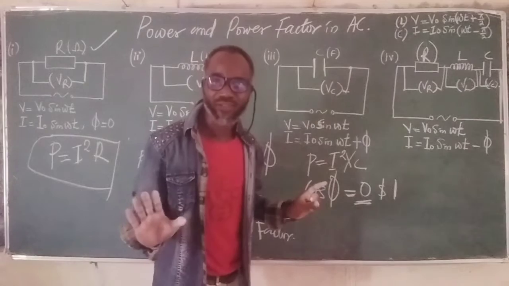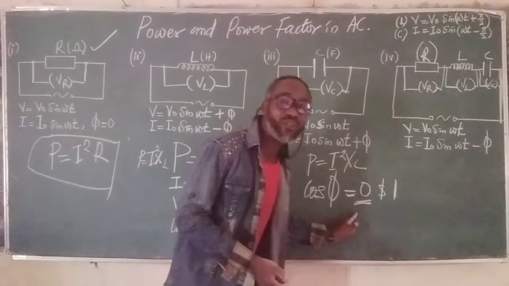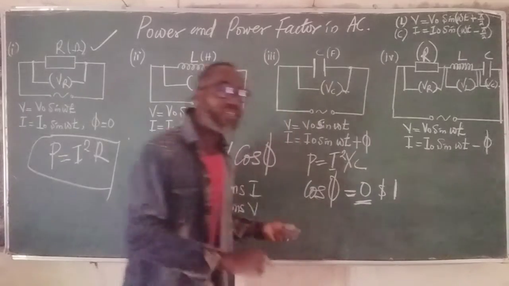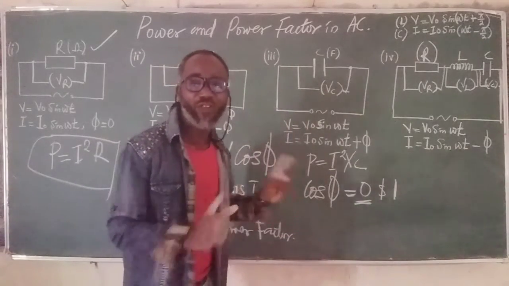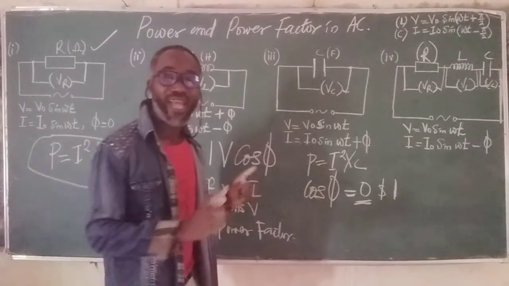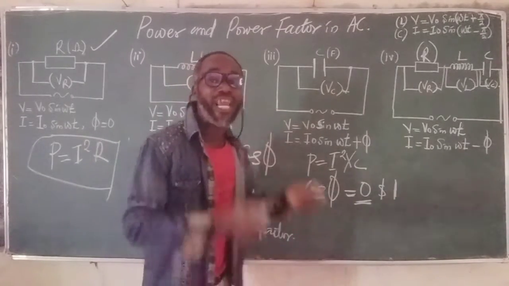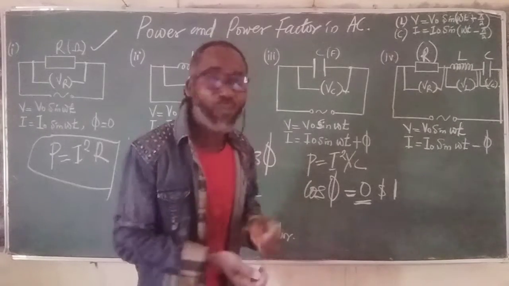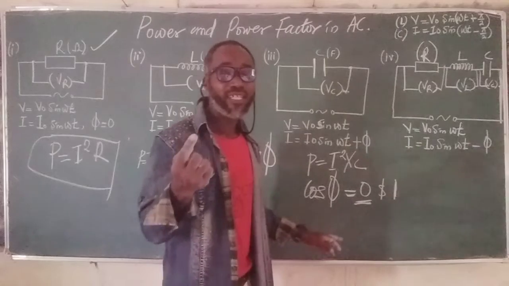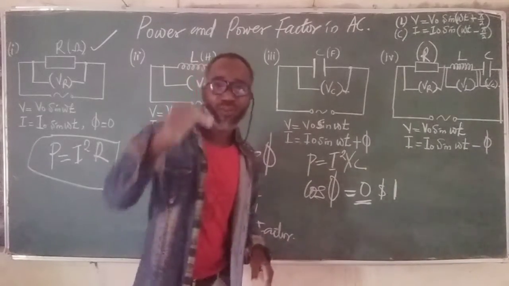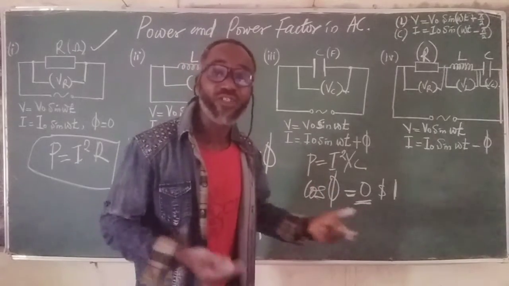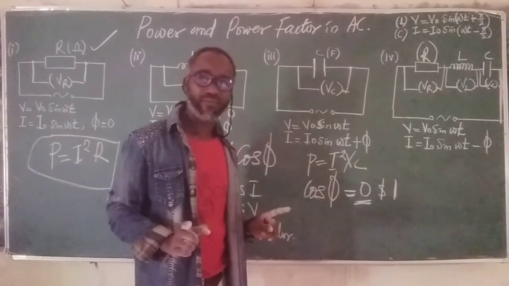That's what it means when the power factor is 0. Then if the power factor is 1, there is a kind of in-between. It could be this, it could be that, but there is a kind of in-between. But a pure device must have its power factor 0. If it is 1, that means there is a big question mark as to whether the device is a pure device or not. Take note.